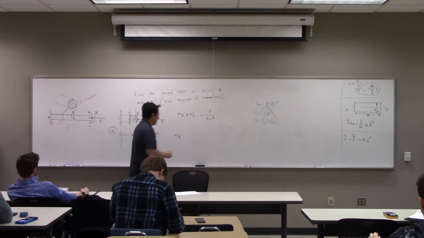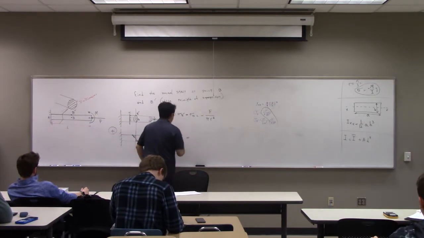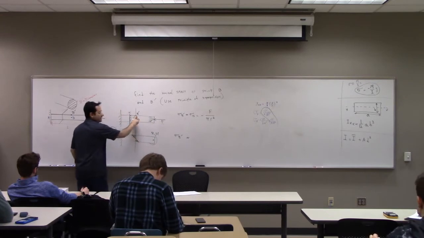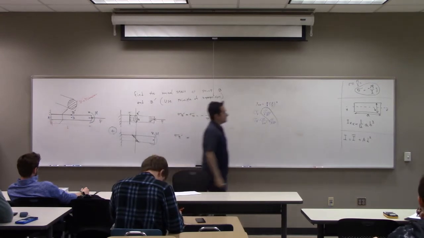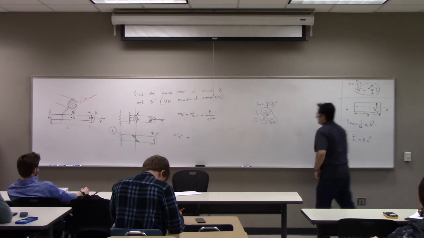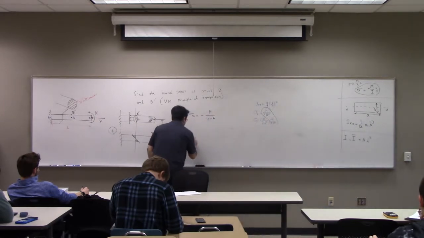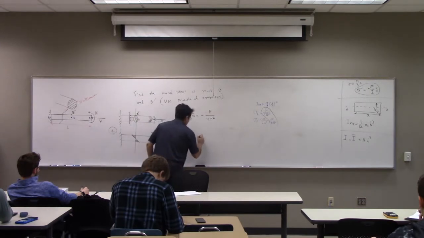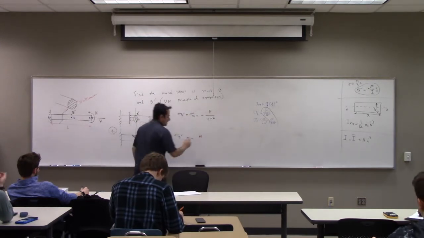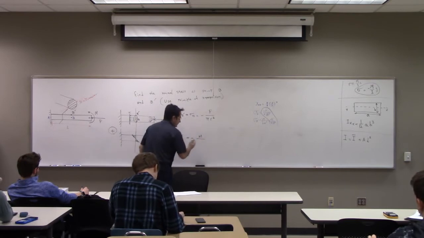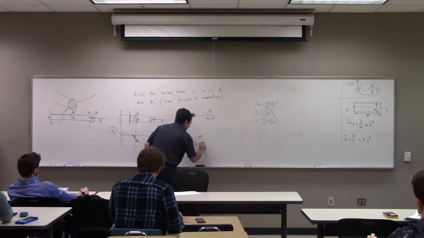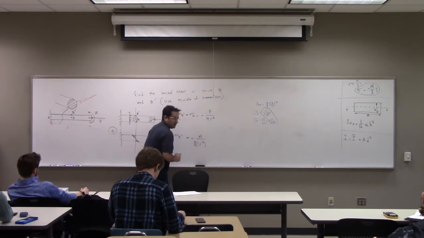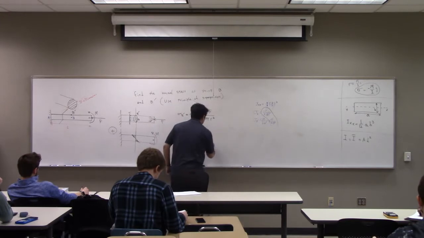No. So sigma B prime is equal to, where is B prime? Right here. So I use this equilibrium. So I get negative bending moment M divided by I, which is pi over 4, the radius to the fourth power, times y. And y is equal to r.